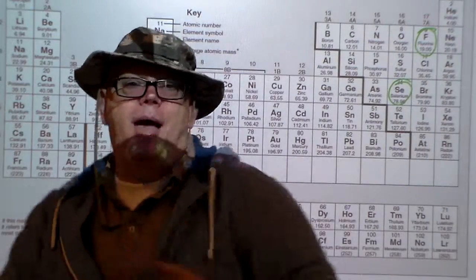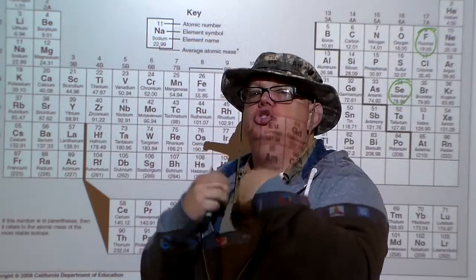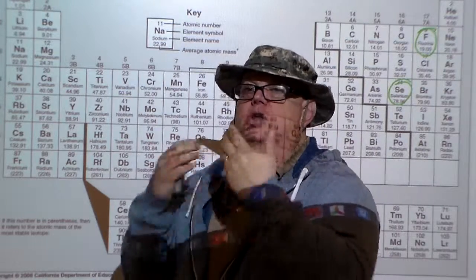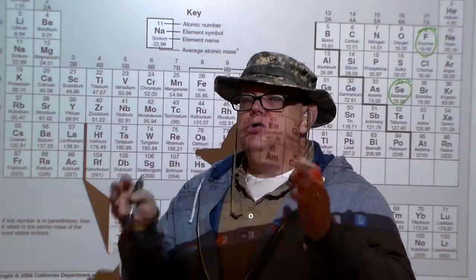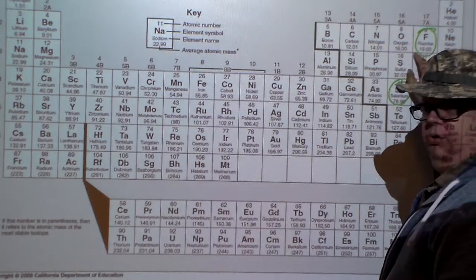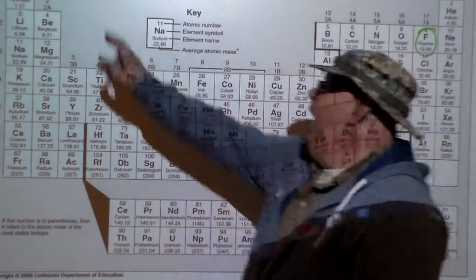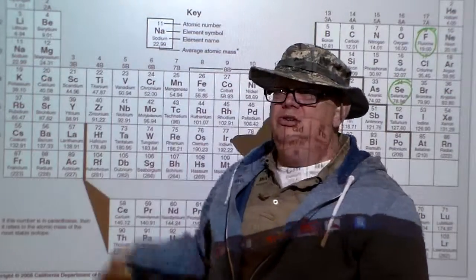Remember, the idea behind electronegativity is how much the atom wants to attract shared electrons to itself. There are some atoms that really want electrons very badly, like fluorine. In fact, it's got the highest electronegativity number. Hydrogen is pretty respectable too.